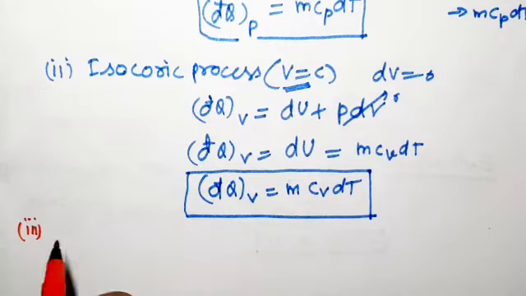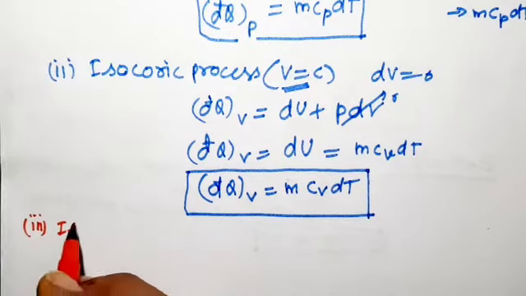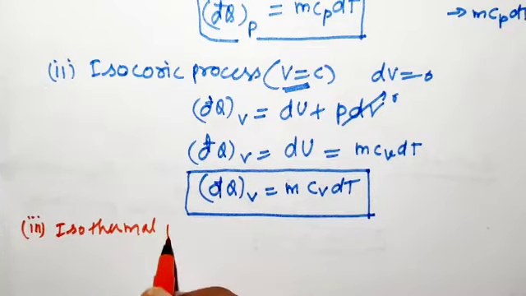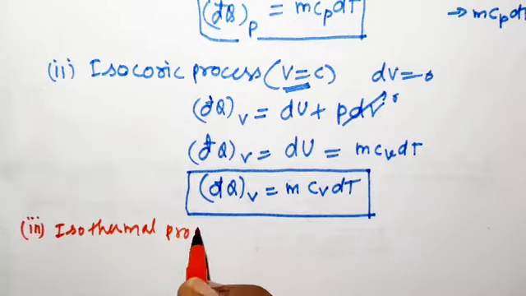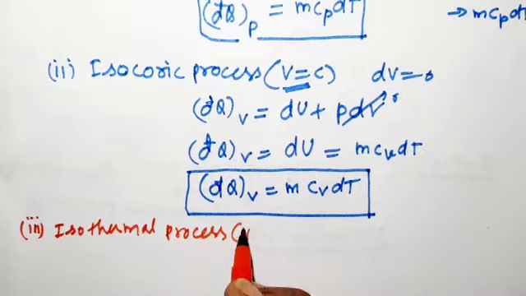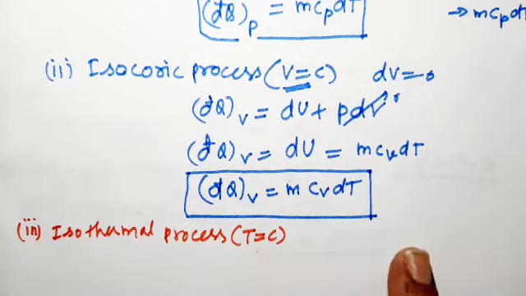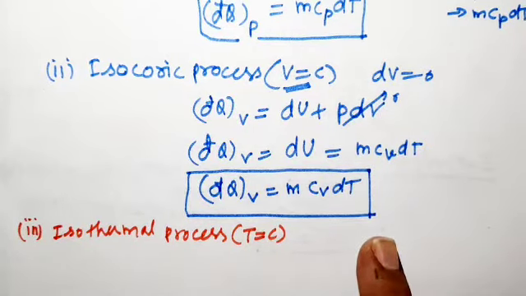The third condition is the isothermal process. An isothermal process means temperature is constant. According to Joule's experiment, for an ideal gas, internal energy is a function of temperature only.